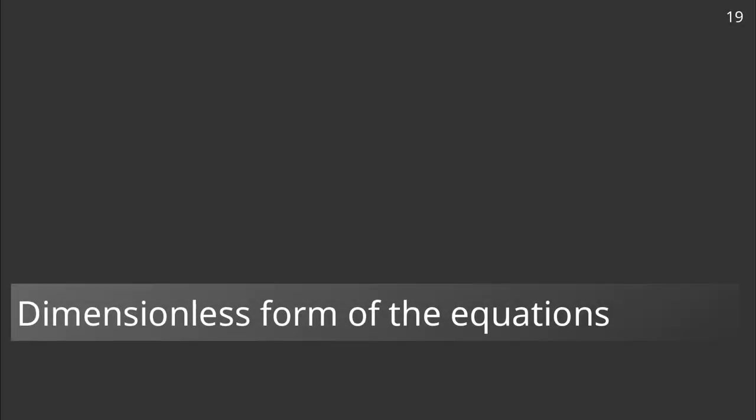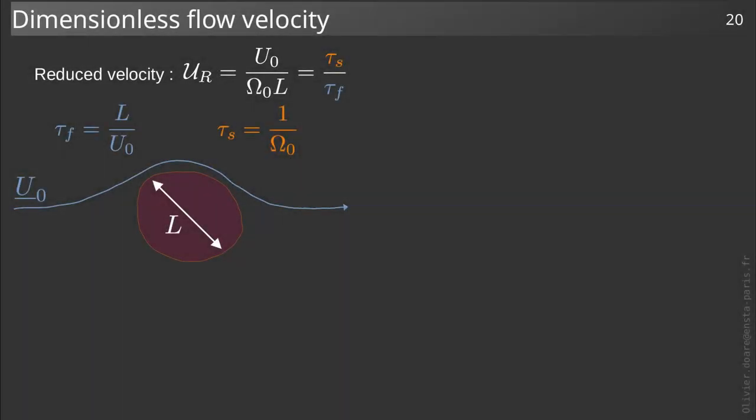As a reminder, during the previous video, we introduced two dimensionless numbers. The first one is the reduced velocity, which can be seen as the ratio between the characteristic time of the flow velocity u0 and the characteristic time of the solid dynamics, 1 over omega naught.